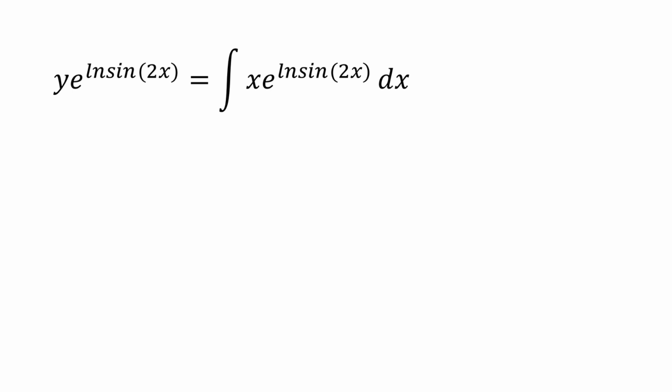Now we have y e raised to ln sine 2x is equal to the integral of x e raised to the integral of ln sine 2x dx. By applying the rule of natural logarithm, we have y sine 2x is equal to the integral of x sine 2x dx. Here we are going to apply integration by parts.